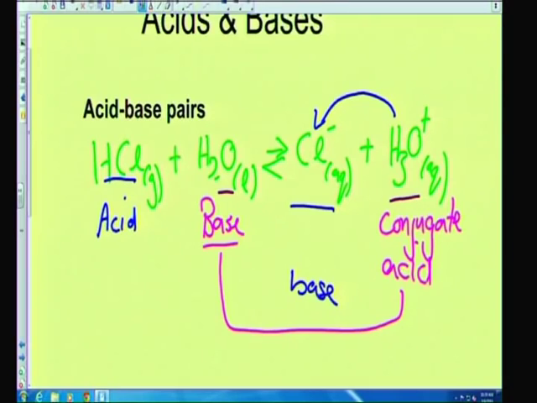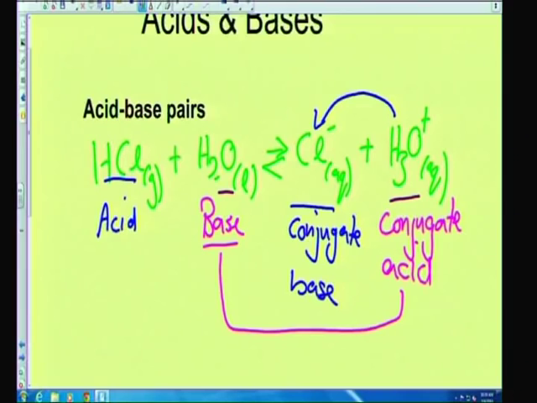No, it's in the reverse reaction. It is paired with something that was an acid, so it's the conjugate. Conjugate is just meaning a pair. It's coupled. Notice Cl minus and HCl only differ by 1 H, 1 hydrogen ion, 1 proton. That's what makes them different.